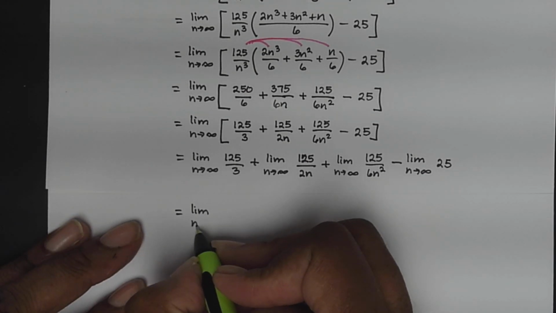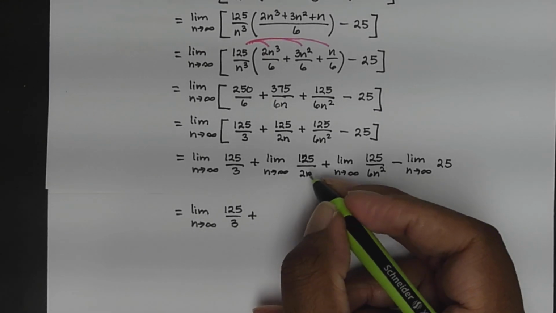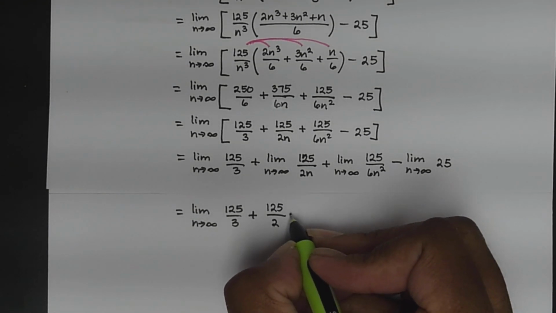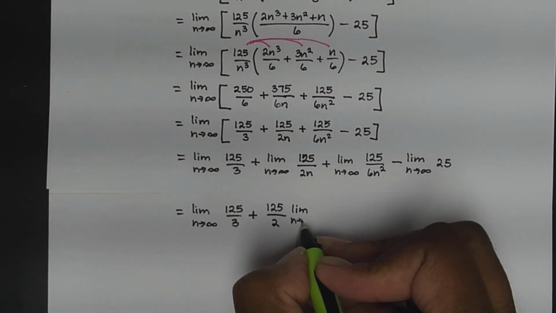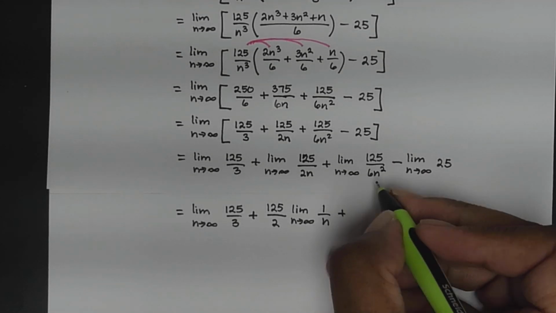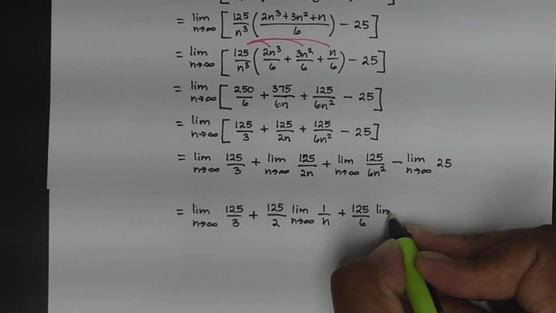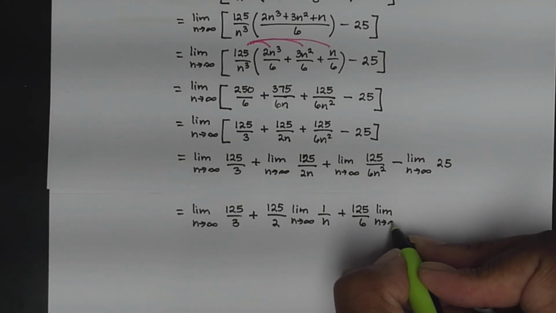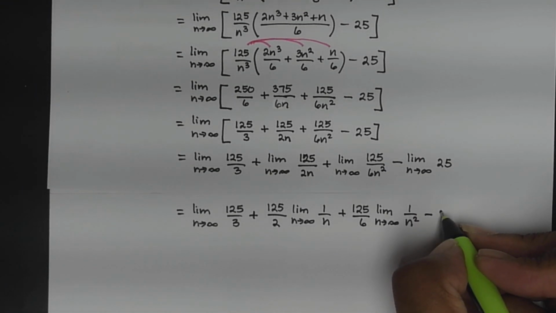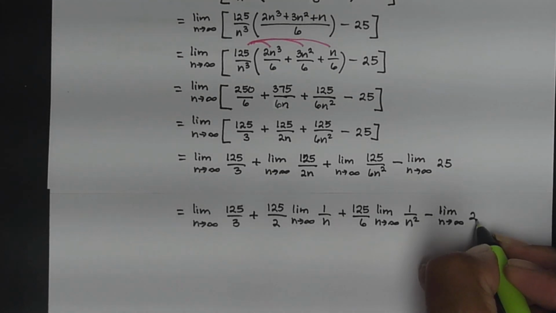Okay, now I'm going to bring this down. 125 over 3. I can pull the constant out in front of the limit, so it'll be 125 over 2 times the limit as n approaches infinity of 1 over n, plus 125 over 6, I can pull that out in front, times the limit as n approaches infinity of 1 over n squared, minus the limit as n approaches infinity of 25.